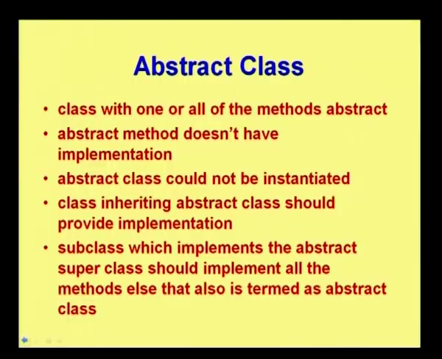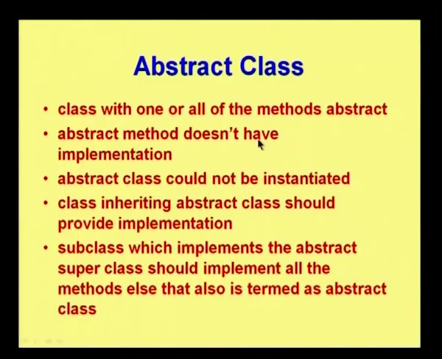I do not know what definition I need to write for that method at this point of time, so I leave the option of defining that method to the person who is going to inherit that class. Whenever I have a class with even one method or n number of methods with the keyword abstract, I can say that class is also an abstract class.